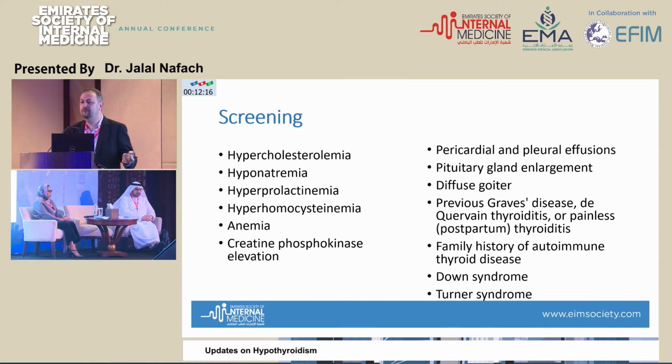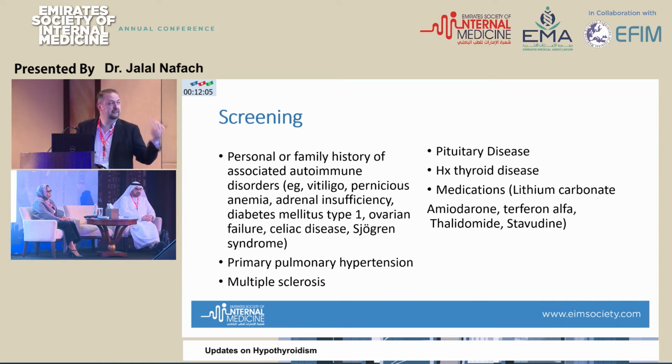It doesn't mean you check the thyroid every month, but you just need to know that. Down syndrome, we screen them regularly because it's very common for them to have underactive thyroid. Turner syndrome, and then pulmonary hypertension, multiple sclerosis, which is an autoimmune disease. Pituitary disease, of course, that's a no-brainer.